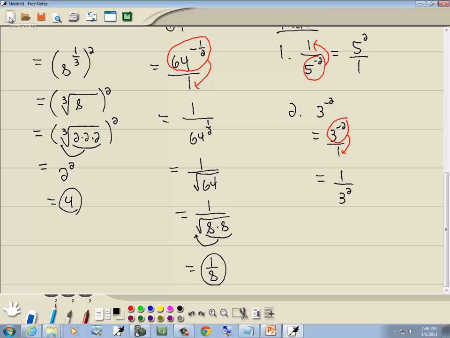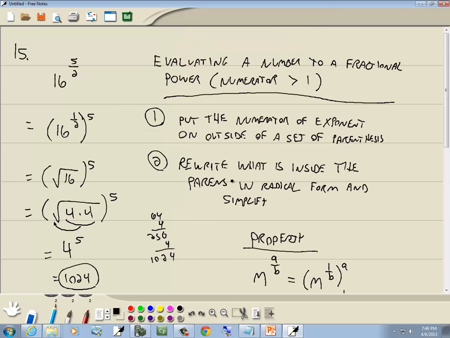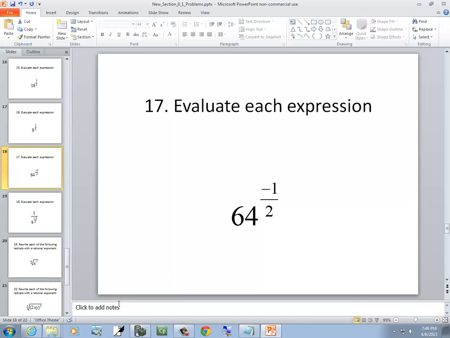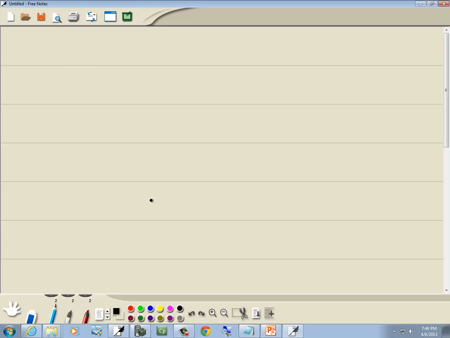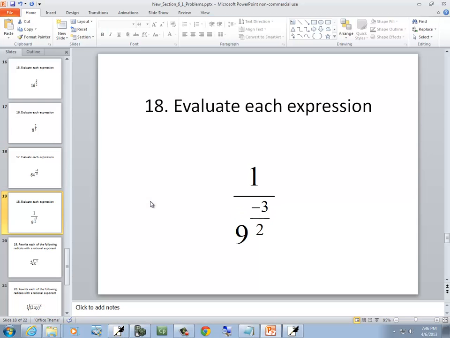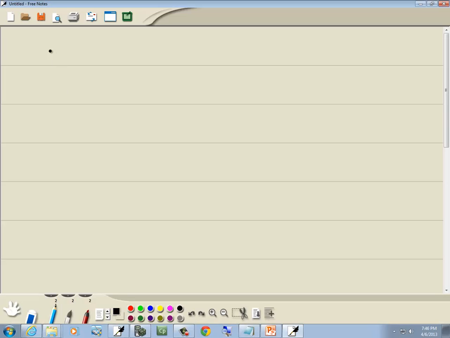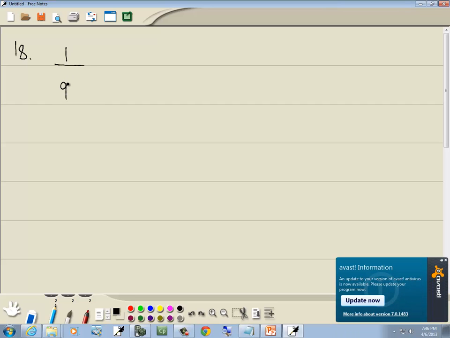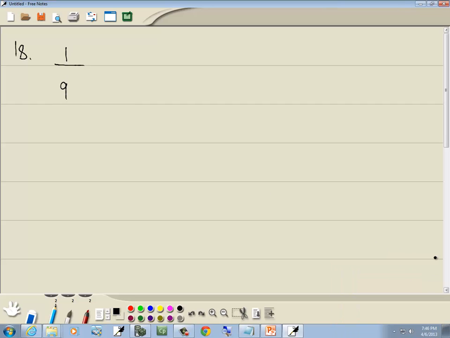Let me start a new page. And let's look at this next one. We got 1 over 9 to the negative 3/2.